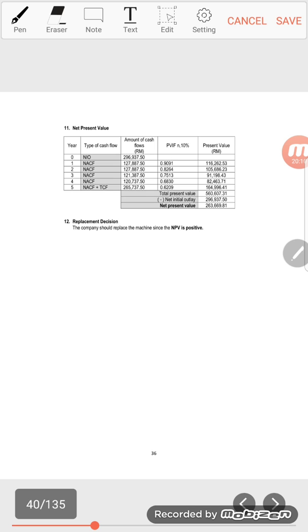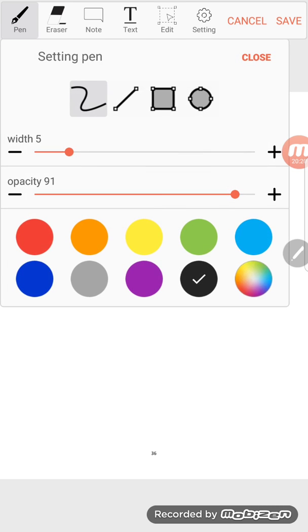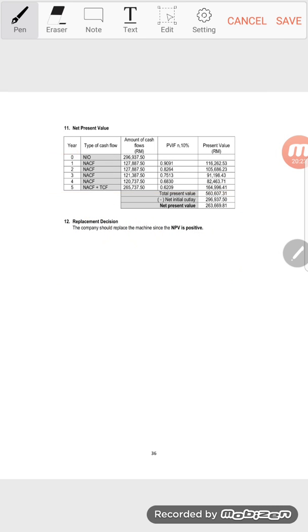You kena kira one by one NPV ni. Sebab dia uneven tau tadi. So you put it here, NACF. You kena masukkan balik NACF year 1, year 2, year 3, year 4. Cuma you tengok balik year 5 ni ada penambahan TCF.